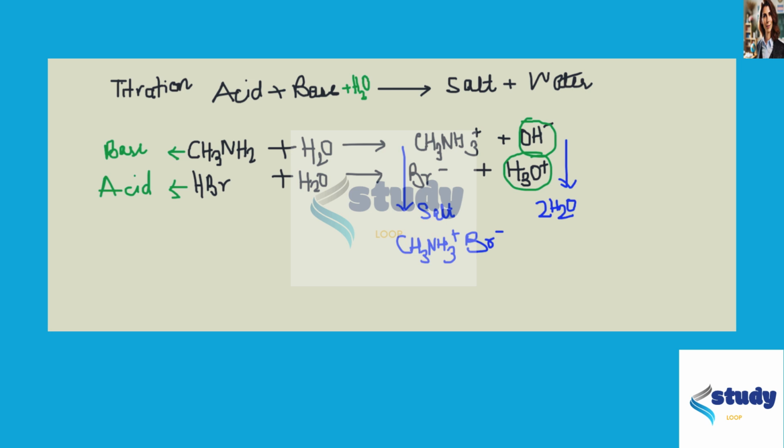Some people don't like to use these signs, but if you want to, you can always do that just to keep track of what your anions and cations are. Okay, so this is the basic idea. Once you have this down, you can tackle almost every other problem.